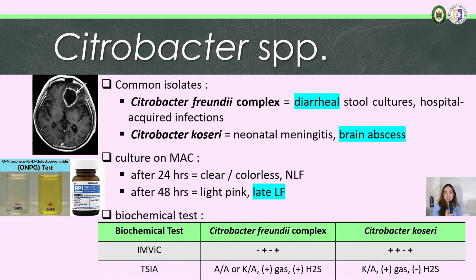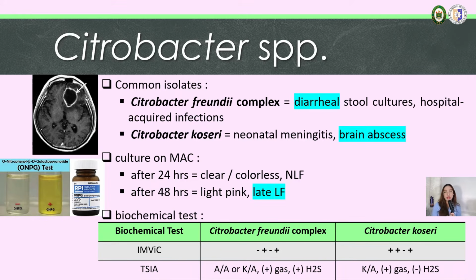Kaya po, madalas silang mapagkamalan as Salmonella dahil ang Salmonella po, they are in fact non-lactose fermenting. But if we were to extend the incubation for up to 48 hours, makikita natin na nagbago na siya. Okay, nagbago na siya. Citrobacter colonies can be seen as light pink, late lactose fermenting colonies after 48 hours of incubation.